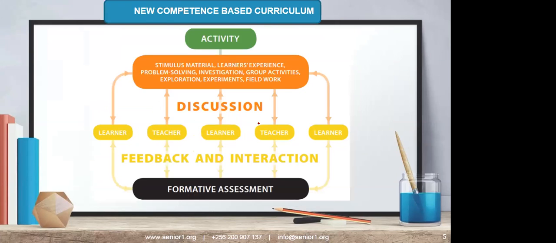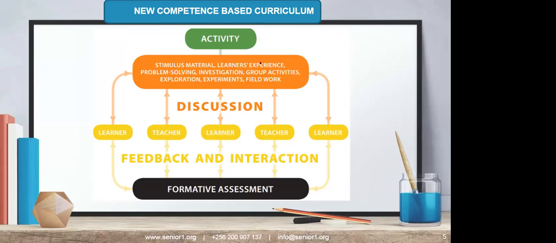But for this new curriculum, it's a new and competence-based curriculum, whereby the teacher is not at the center. No way. I'm not the source of all the information. So we shall be having different activities, which may include stimulus material, your learner's experience, like you share with us.